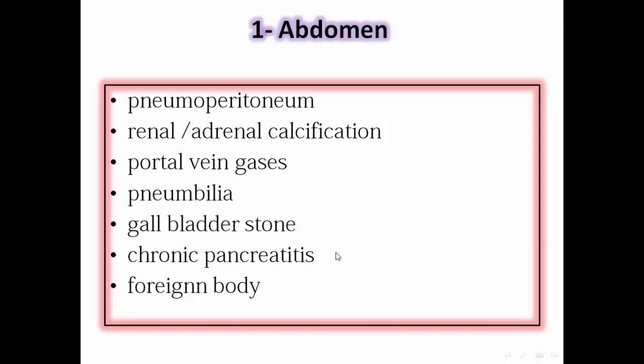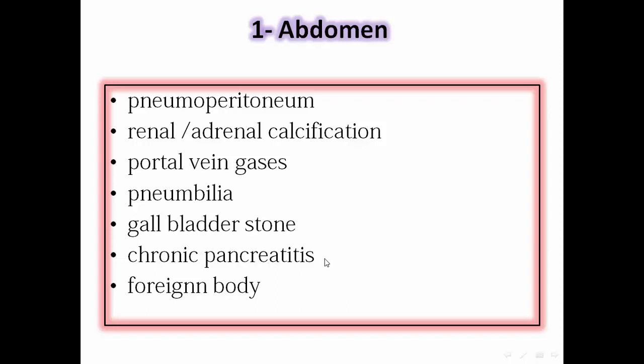You should check for any calcification of chronic pancreatitis, especially if sufficient part of the abdomen is included in the study. Also, you check for renal calcification, adrenal calcification, and finally, you check for any foreign body.